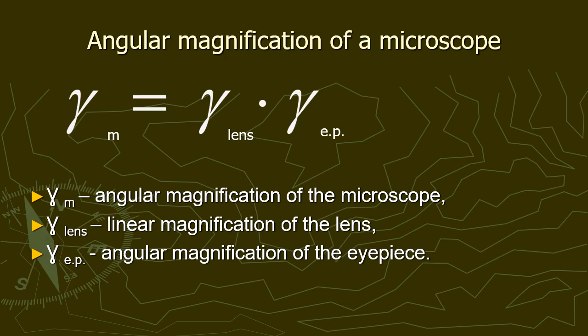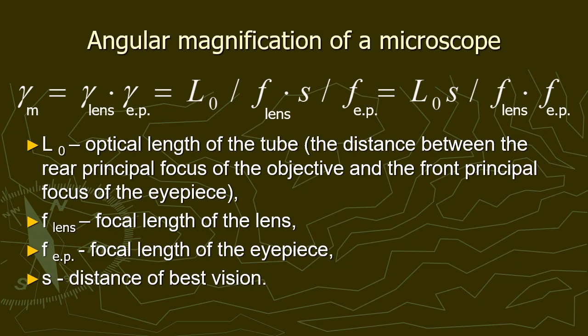And if we recall the formula for these lenses, for a lens, it is the ratio of the optical length of the tube to the focal length of the lens, and for an eyepiece, it is the ratio of the distance of the best vision to the focal length of the eyepiece. Then we get the following form. The optical length of the tube is multiplied by the distance of the best vision and divided by the focal length of the lens and the eyepiece.